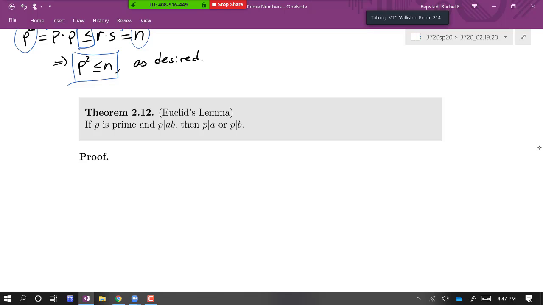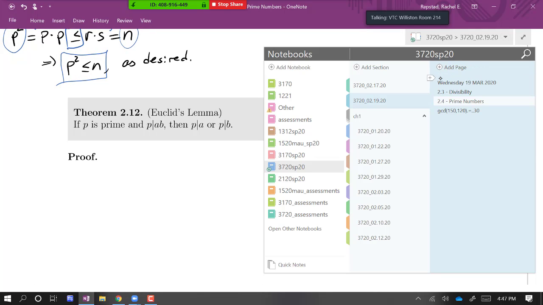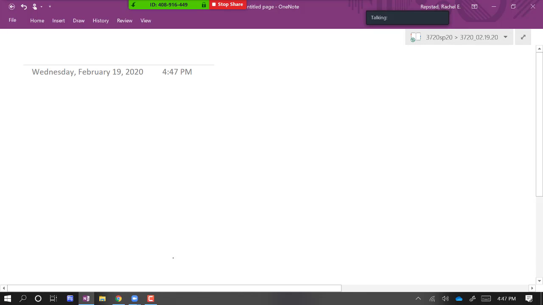I'm going to give you a couple of examples just to illustrate that it's important that p is prime here. So 4 divides the product 6 times 14, okay? But 4 does not divide 6 and 4 does not divide 14.